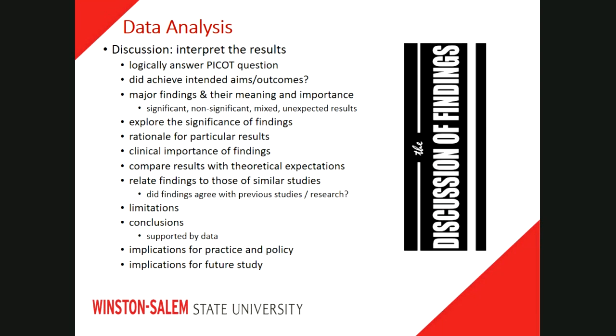And so in the discussion section, you typically see major findings discussed and what they mean and why they're important. What was significant? What was not significant? Particularly if it was significant and unexpected or non-significant and unexpected. What types of mixed findings or unexpected results occurred?